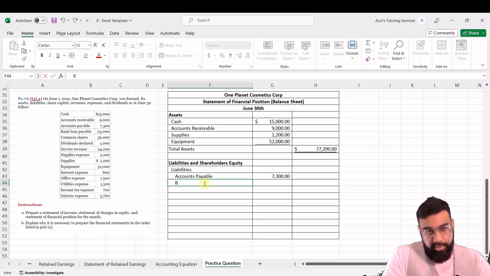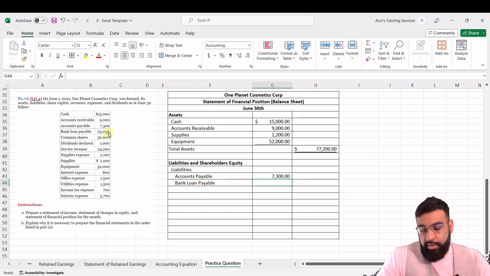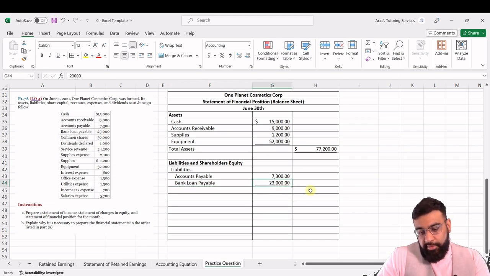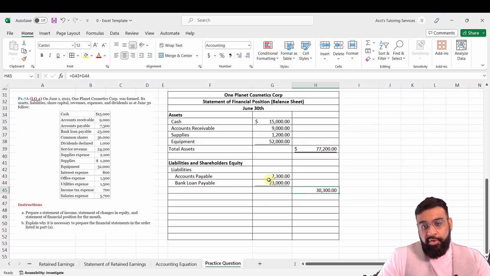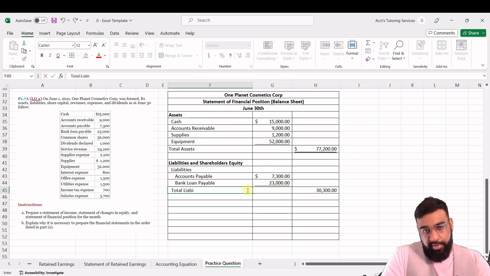We just have bank loan payable, which is 23,000. Now there are no more liabilities. So we're going to add up these two over here to get our total liabilities. So 7,300 plus 23,000 is 30,300. Since this is the first number under the main heading liabilities and shareholders equity, a dollar sign. Remember, underline over here. Whenever we have an underline, it's because we're doing a calculation. Simple as that. So this over here gives us total liabilities.